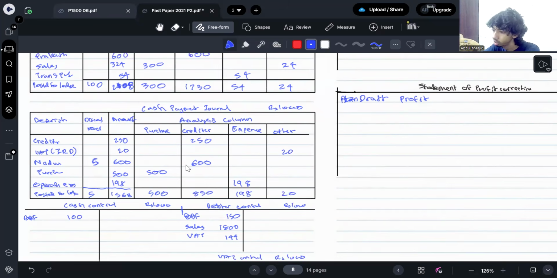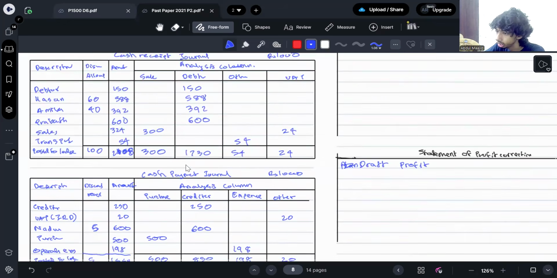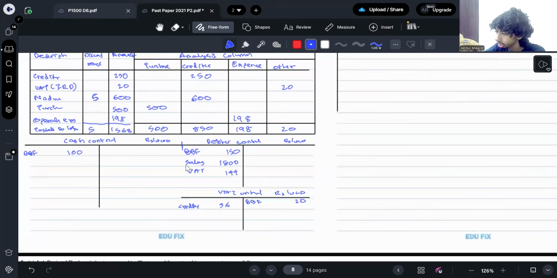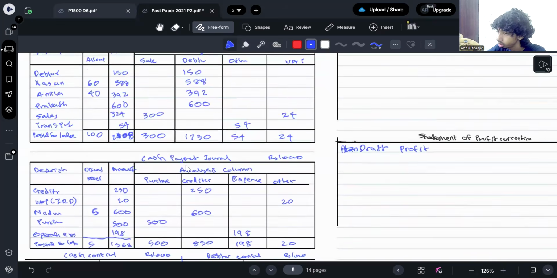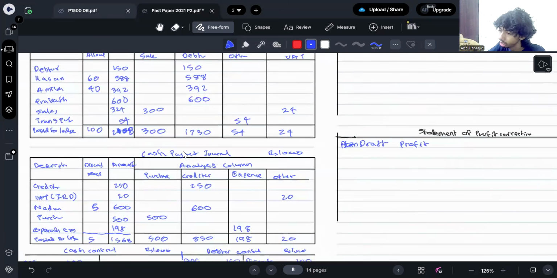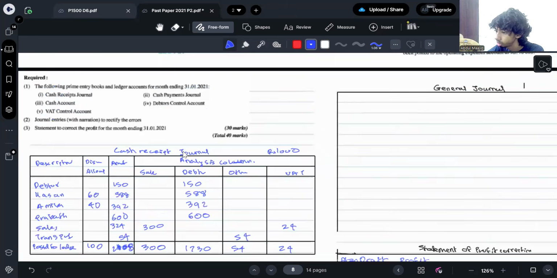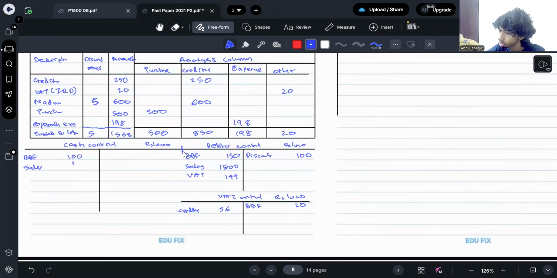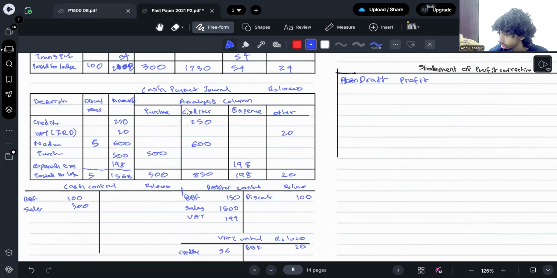Then cash control account, you can record the sale amount. Okay, firstly, discount allowed, you can record under debtors. Discount allowed 100. Sales amount cash debit, sales 300. Receipt from debtor, cash account debit, debtors account credit 1730.